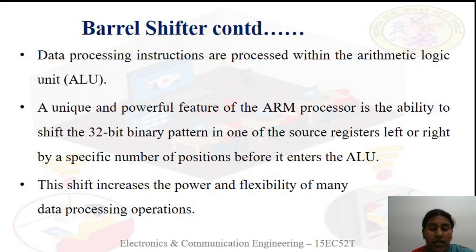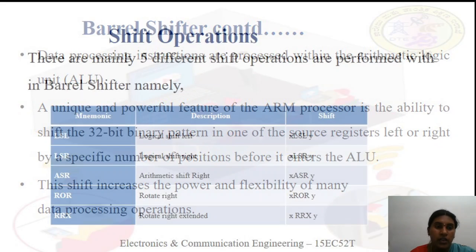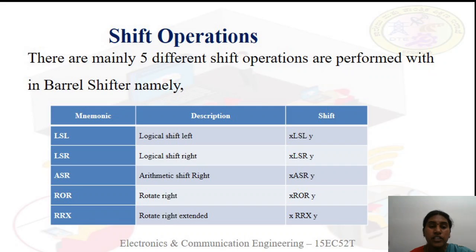A unique and powerful feature of the ARM processor is the ability to shift the 32-bit binary pattern in one of the source registers left or right by a specific number of positions before it enters the ALU. This shifting operation increases the power as well as the flexibility of many data processing operations. Now we will see the different shift operations performed within the barrel shifter.